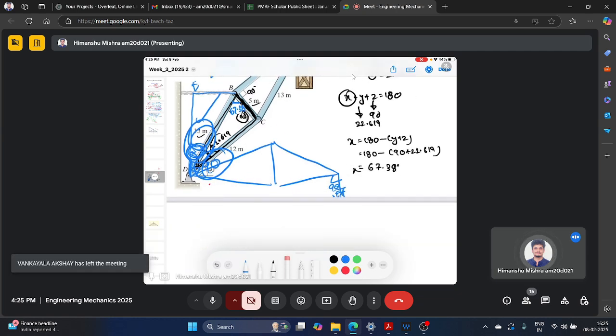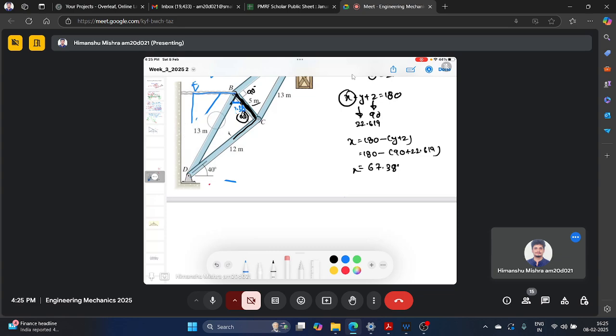Let me draw in a more clear way. So this is my 22.619. This is 67.38, and now I want to calculate this angle.